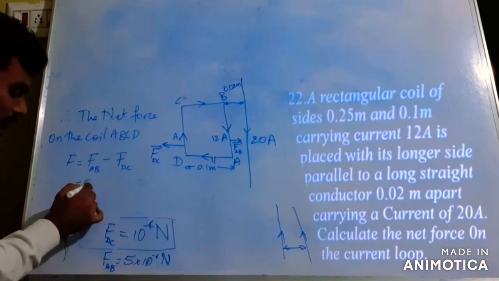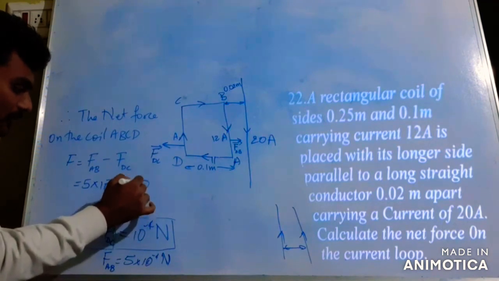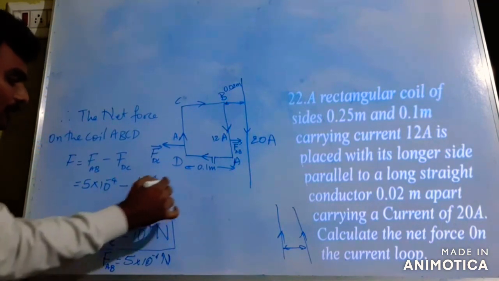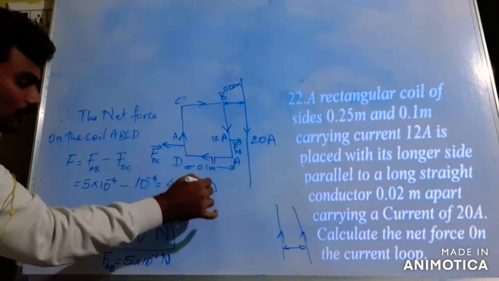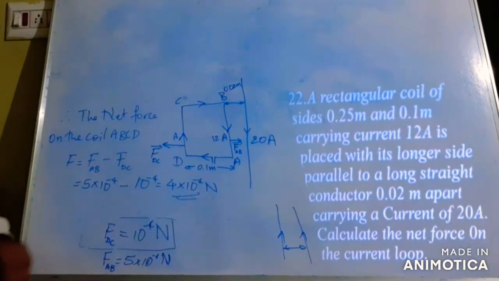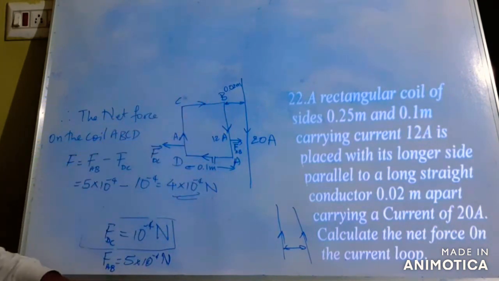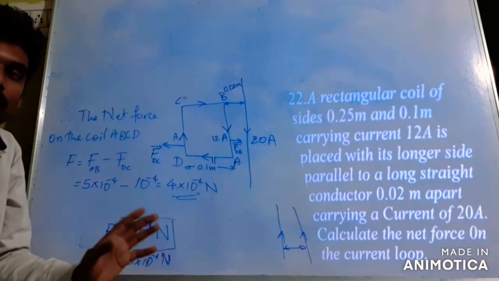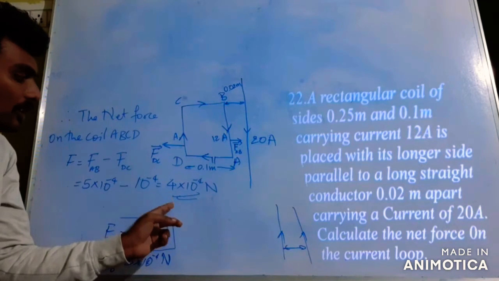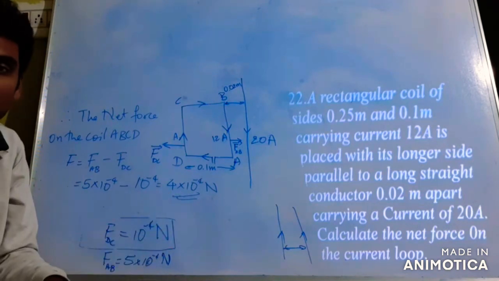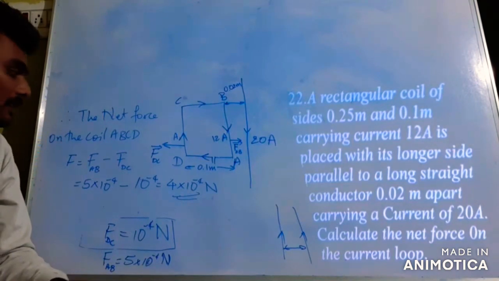FAB is 5 into 10 to the power of minus 4 minus FDC, which is 10 to the power of minus 4, which will be 4 into 10 to the power of minus 4 Newton. So this much force is experienced by the coil as a whole. Clear? So this is the solution for the 22nd problem.